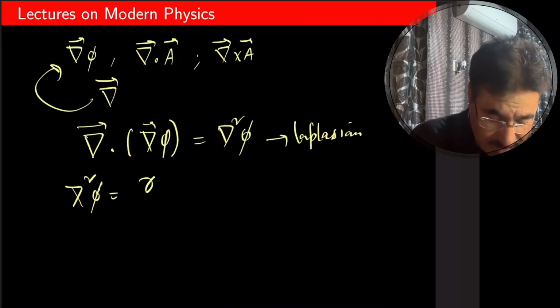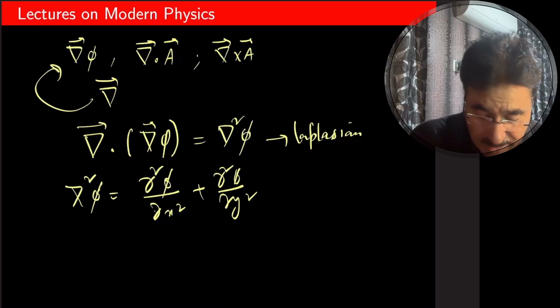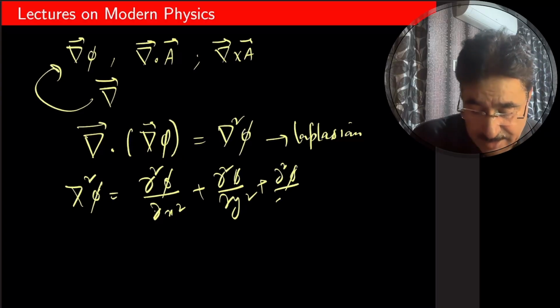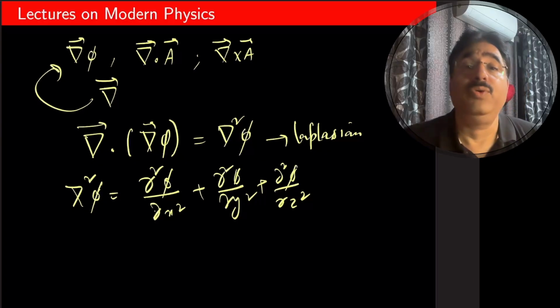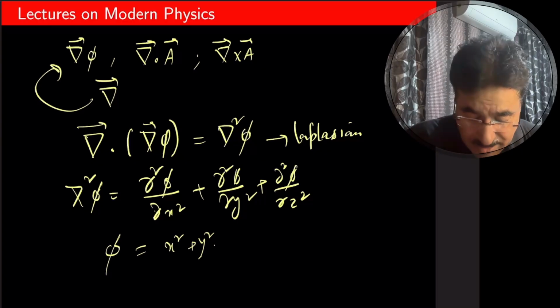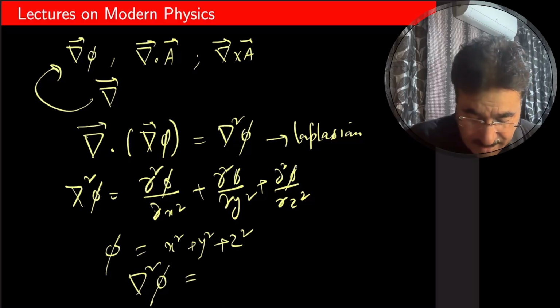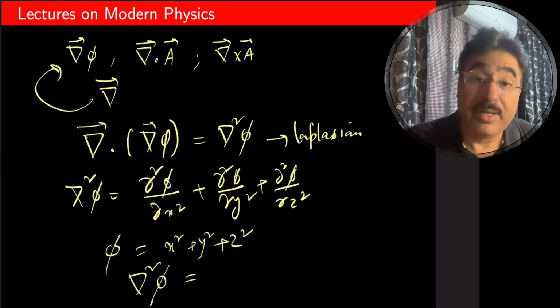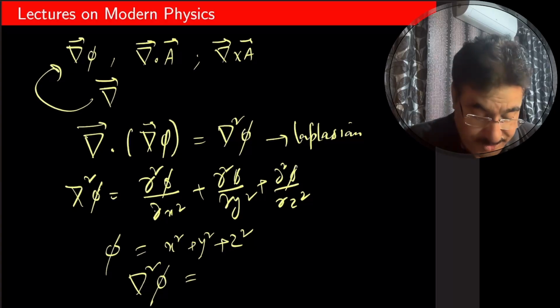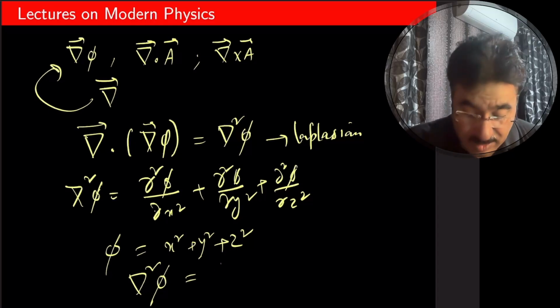In Cartesian coordinates, it is del 2 phi by del x square plus del 2 phi by del y square plus del 2 phi by del z square. So to make you more comfortable, if phi is x square plus y square plus z square, I ask you to calculate its Laplacian. First you differentiate and find the gradient. You will have 2x i plus 2y j plus 2z k.